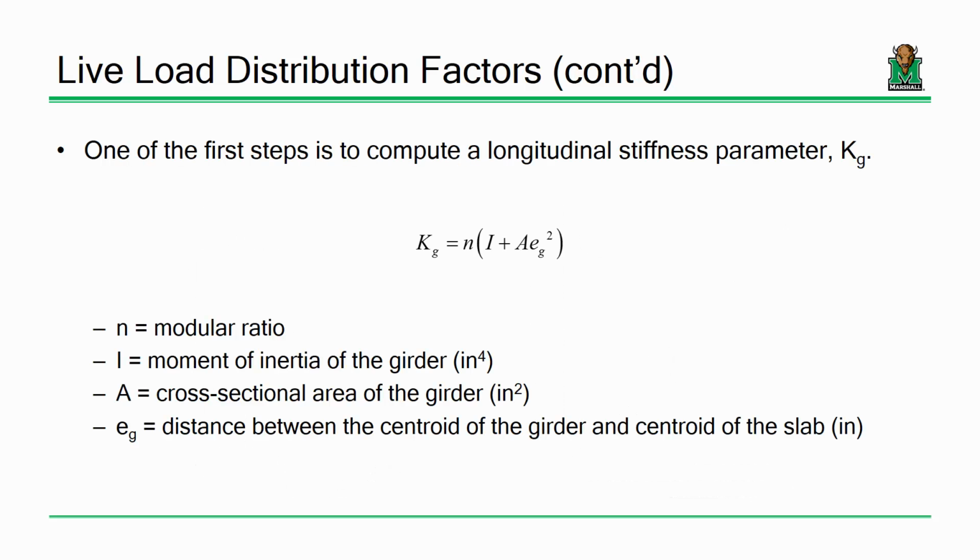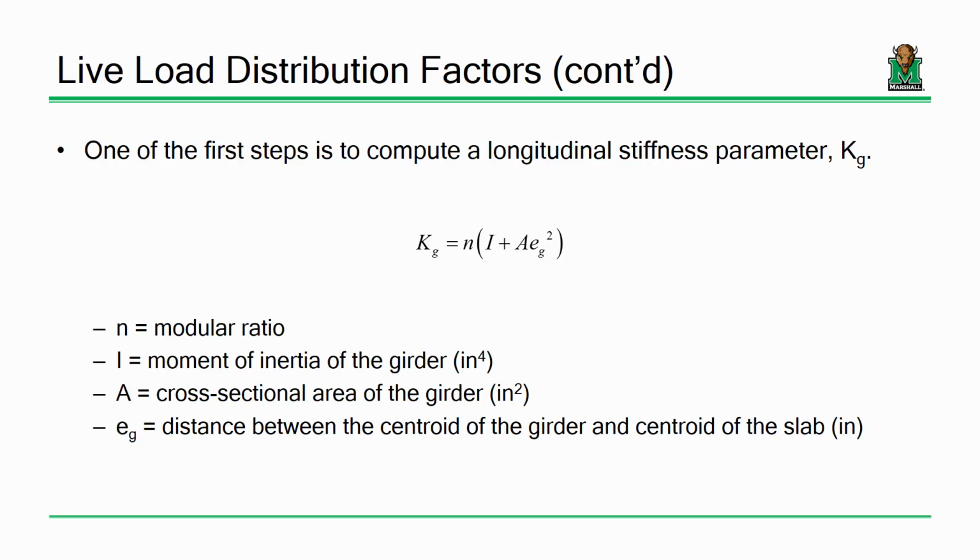Okay, so let's talk about those equations and how to compute them, and then we'll take a break and go through a full example on how to compute them. One of the first steps to determine live load distribution factors is to compute what's called Kg. Kg stands for the longitudinal stiffness parameter.